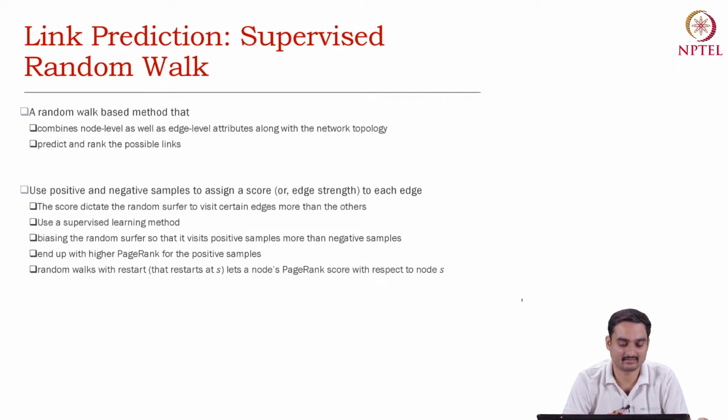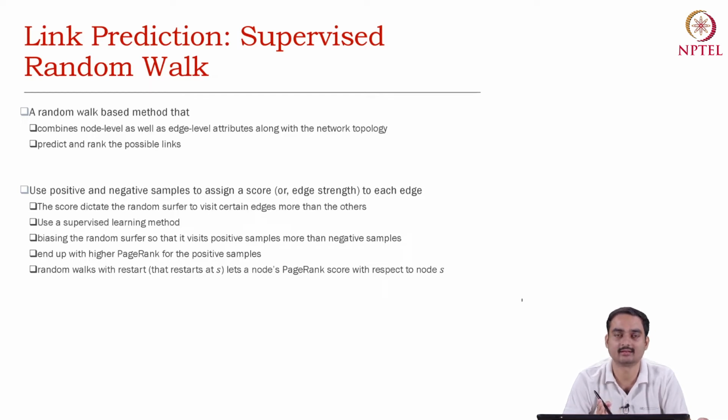What do we mean by bias? When the random walk process goes on, we insist that the random walker moves through those paths which we want it to move through.